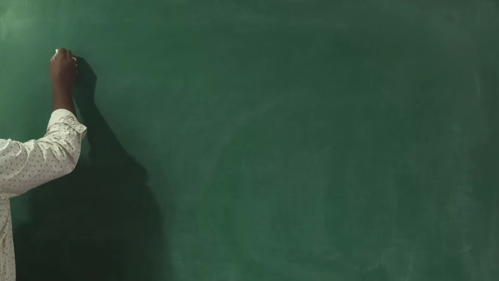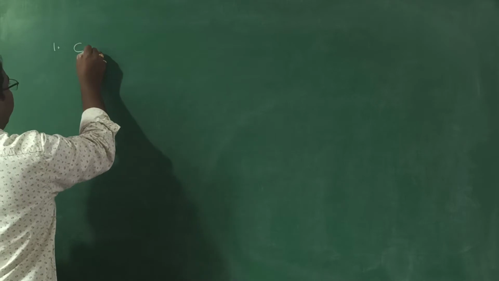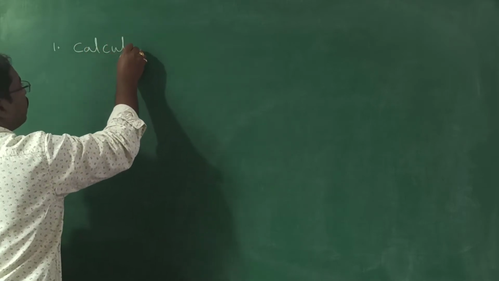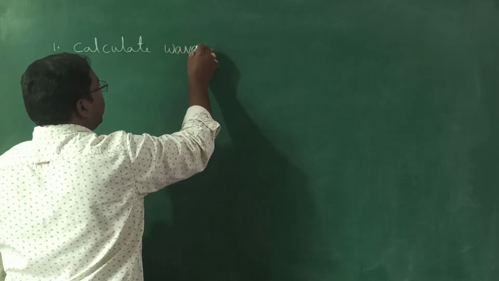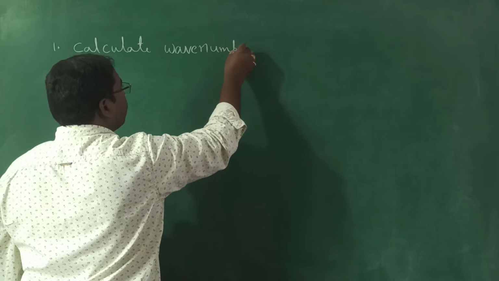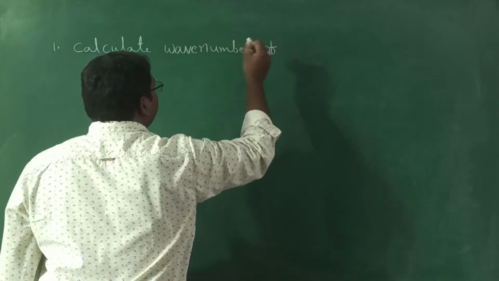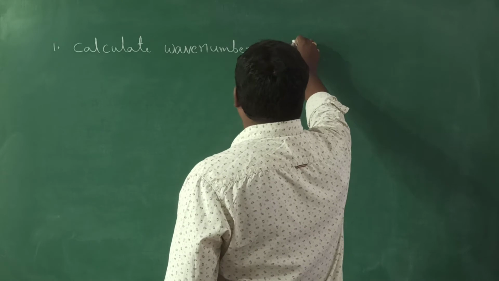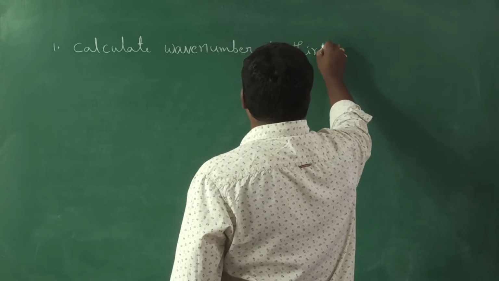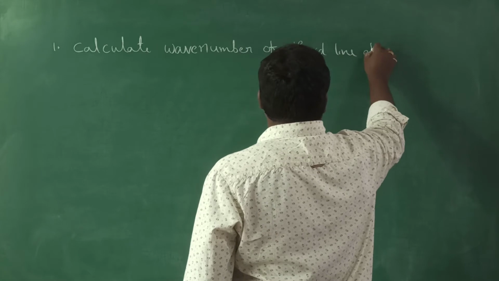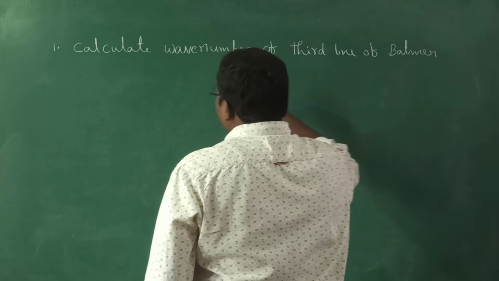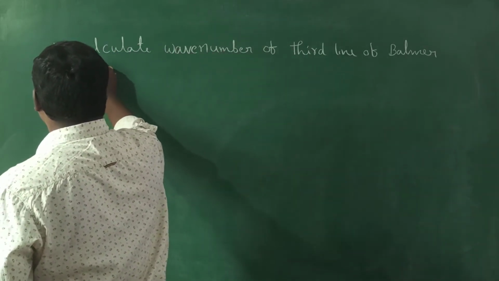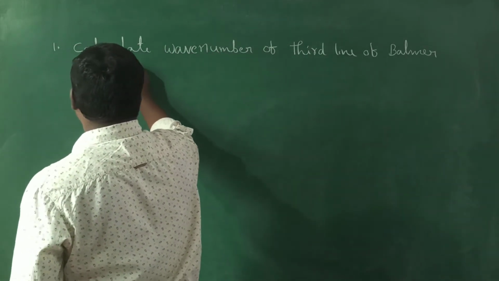Coming to the first numerical: calculate the wave number of the third line of Balmer series of hydrogen spectrum.